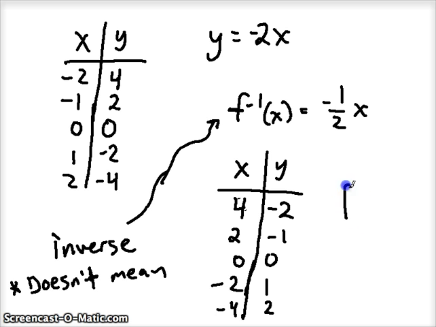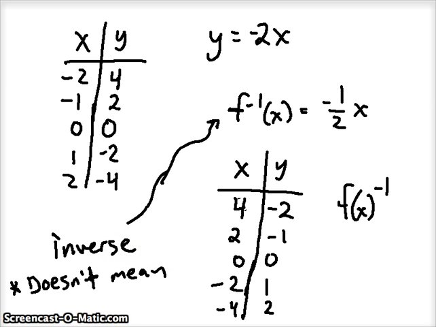If I wanted a negative exponent of a function, I would put my negative 1 over the x, not over the f. So this would count as a negative exponent, and I would apply my negative exponent properties. But this is just the notation for inverse, so don't get the two confused. Whenever you see the name with the negative 1 exponent, that is talking about what's the inverse of that function.